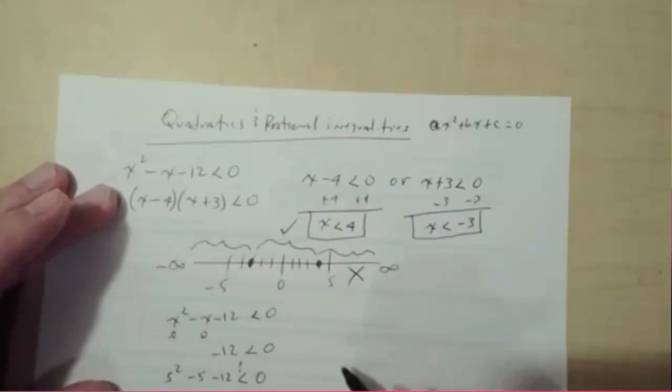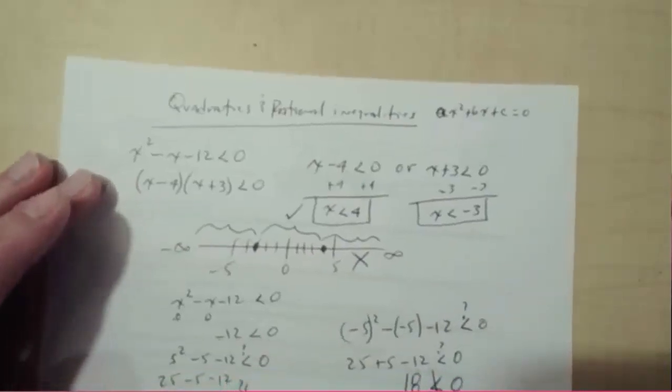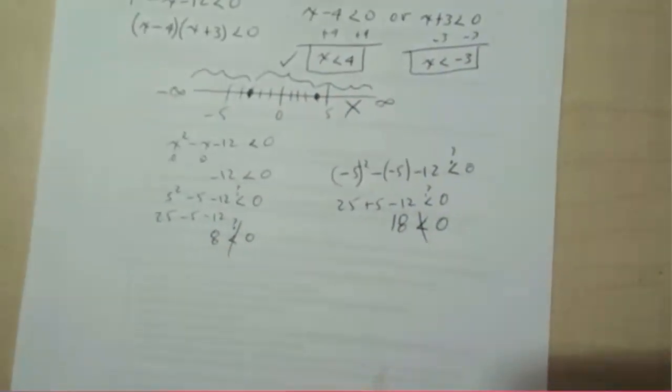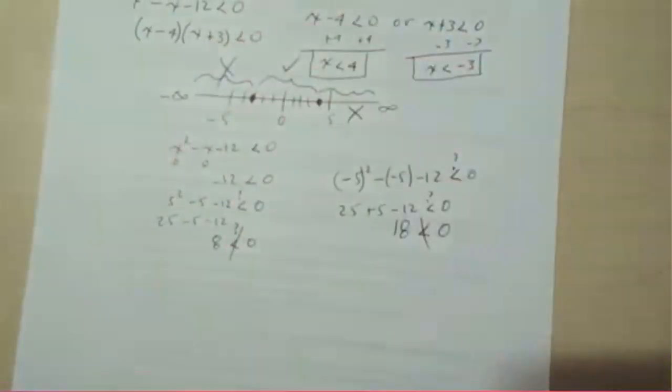Negative 5 squared minus negative 5 minus 12. 25 plus 5 minus 12. 30 minus 12 is 18. 18 is not less than 0, so we know that this area is not in our solution.